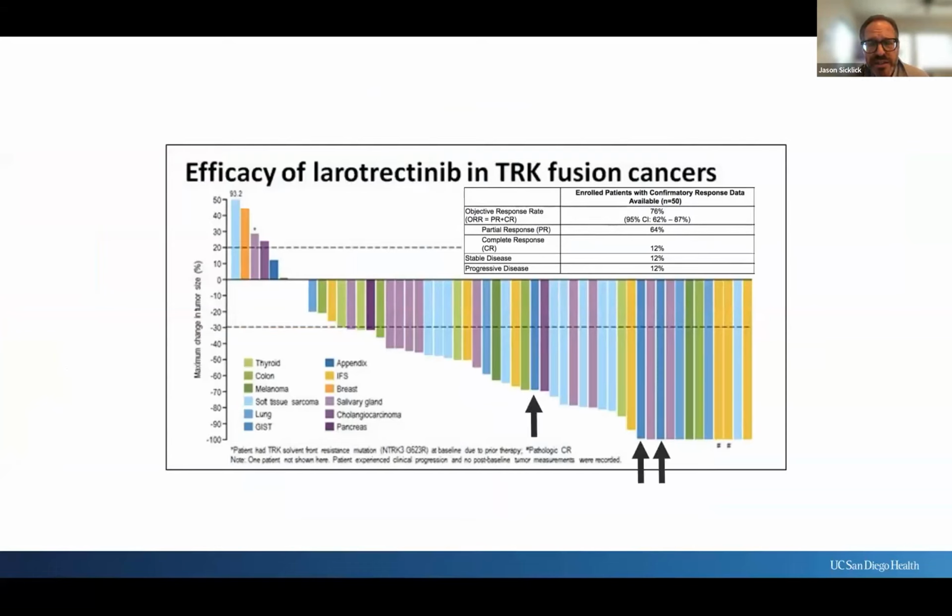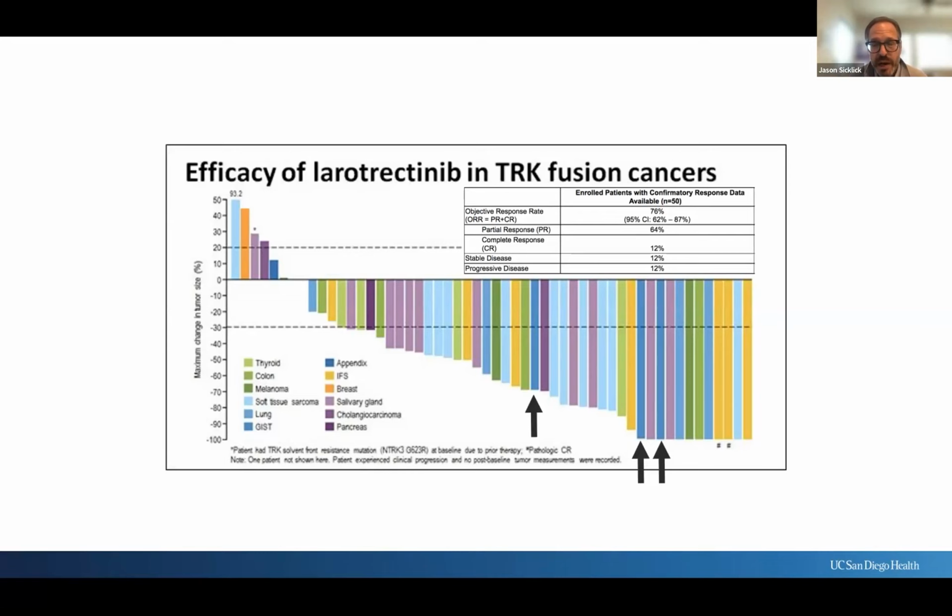And what you can see here is what's called a waterfall plot. So anything that goes below that 30% line there, that dotted line, is considered a response. And so you can see that these are all patients with NTRK fusions of different types of tumors, being thyroid, colon, melanoma, et cetera, including the blue ones being GIST, where you can see that patients have dramatic responses to treatment if they have this specific biomarker.